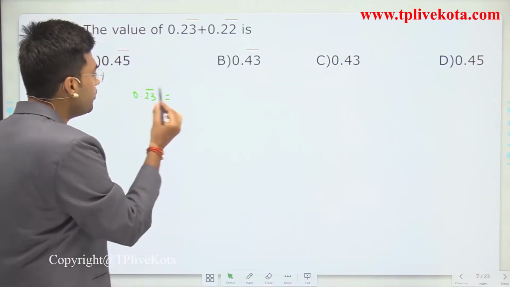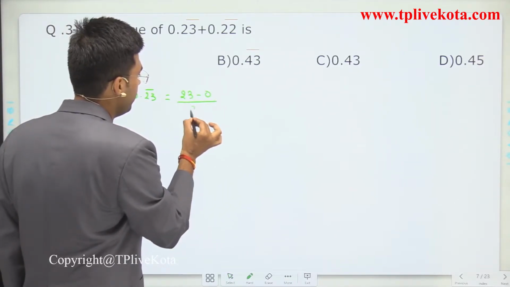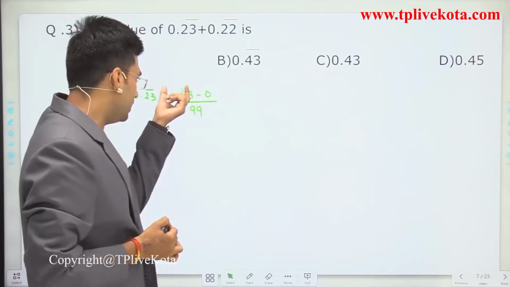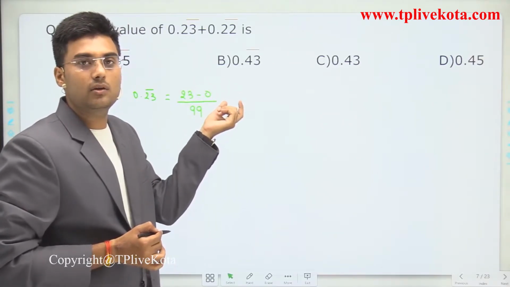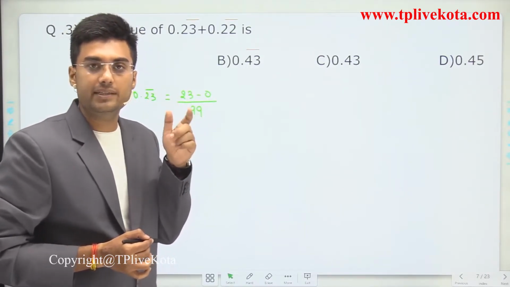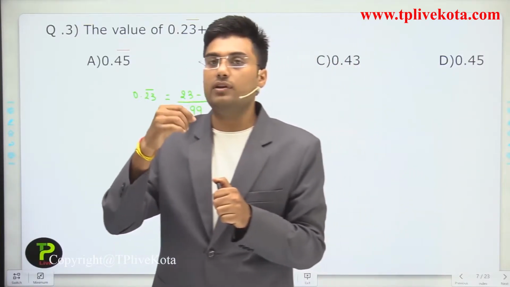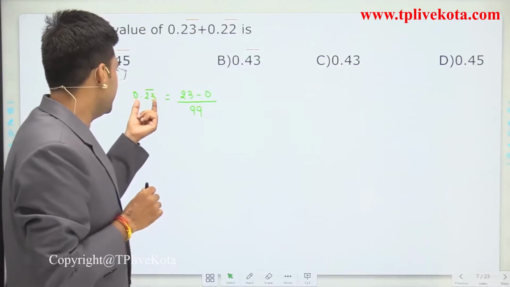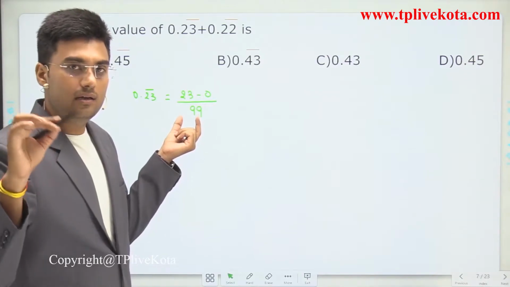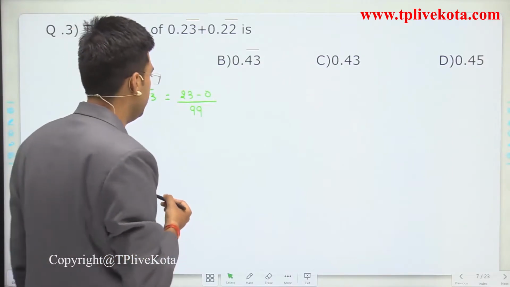So we can write 0.23 bar as (23 minus 0) divided by 99, because for the numerator we write the number minus the number formed by the non-repeating digits, and in the denominator the number of 9s equals the repeating digits and the number of 0s equals the digits which are non-recurring after the decimal. Here 2 digits are repeating after the decimal, and no digits are non-recurring.